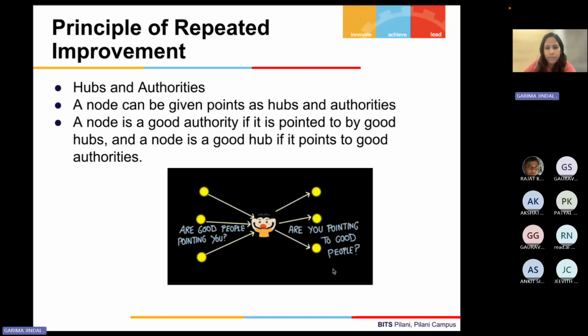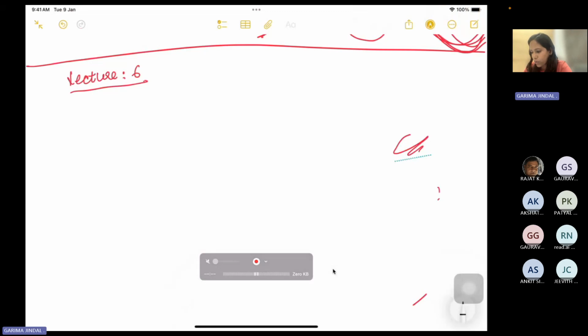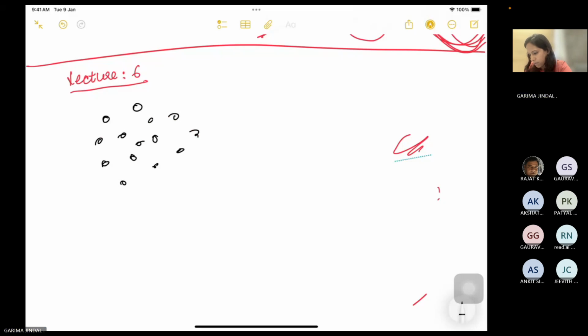Let us suppose I have a class of around 50-60 students. In the class, I have asked students to solve a problem. Now all the students have a problem to solve. They discuss among each other whom we should go to to solve this problem.